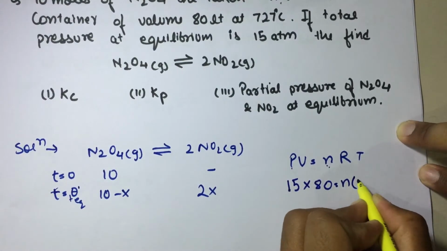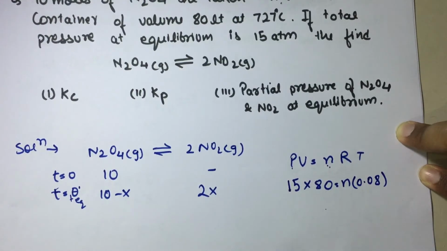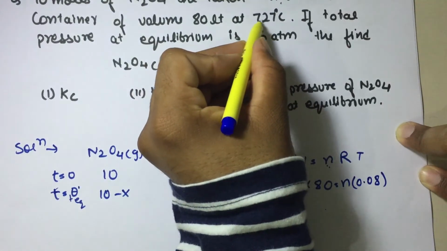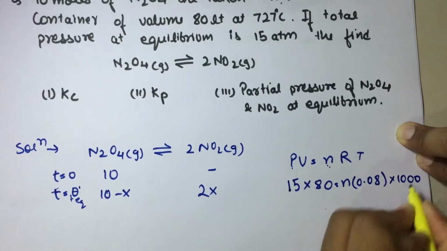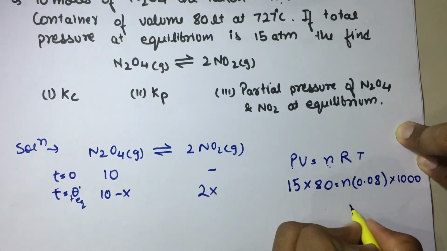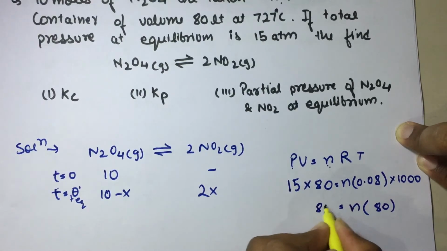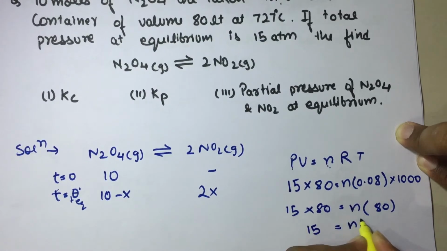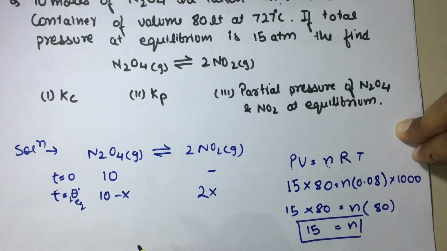R is 0.082, but here we use only 0.08 for simpler calculation, and temperature is 727 plus 273, which is 1000. After solving, 80 into 15, then n will be 15, so the total number of moles at equilibrium is 15.